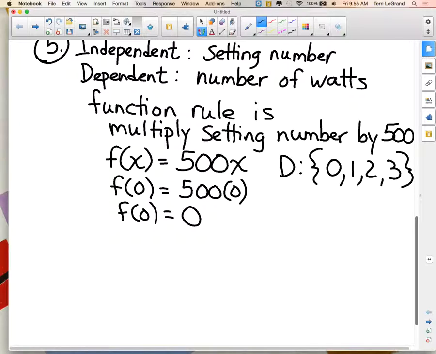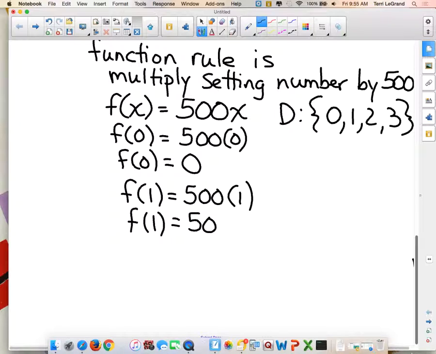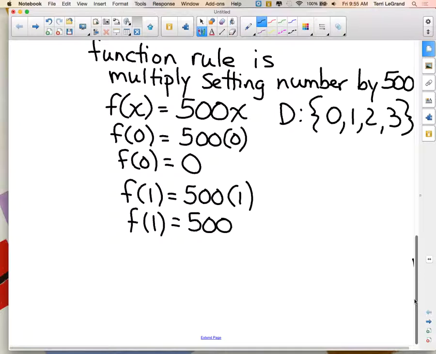If it's not on, that makes sense. Okay, so now we'll do f of 1. So 500 times 1. So our f of 1, when we have it at setting 1, the heater is kicking out how many watts? 500. Okay. And we just keep going. f of 2, because we've got a couple more domain values.